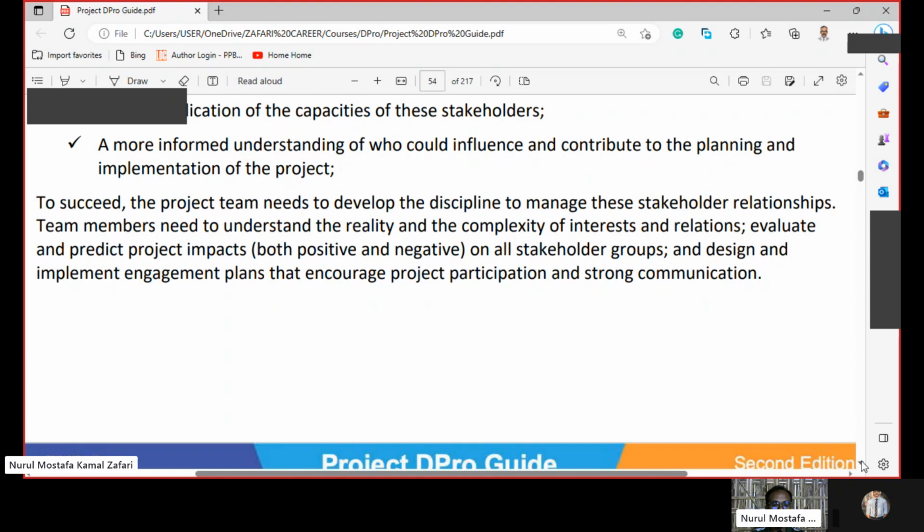Team members need to understand the reality and the complexity of interests and relations, evaluate and predict project impacts, both positive and negative, on all stakeholder groups, and design and implement engagement plans that encourage project participation and strong communication.